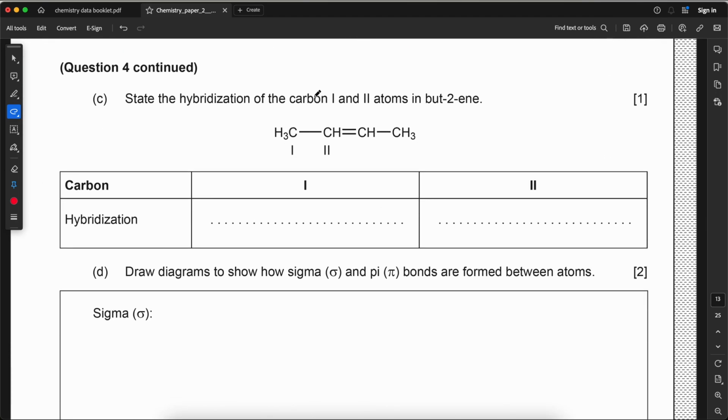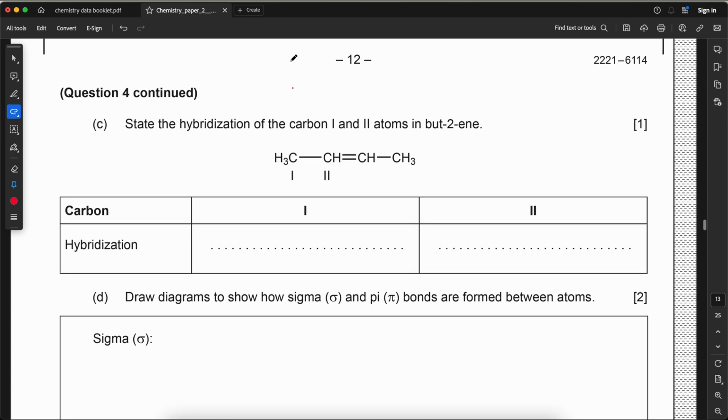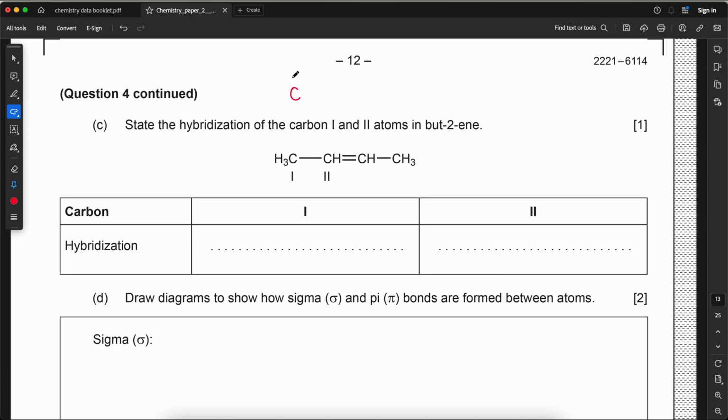State the hybridization of the carbon 1 and 2 atoms in butene. So the structure would be CH3 here, CH, CH, CH3.